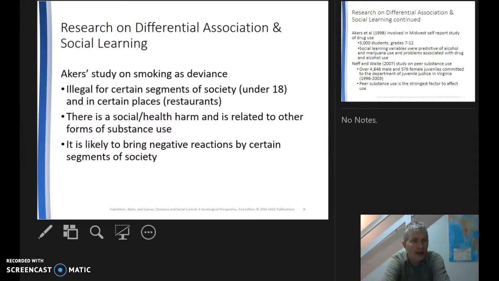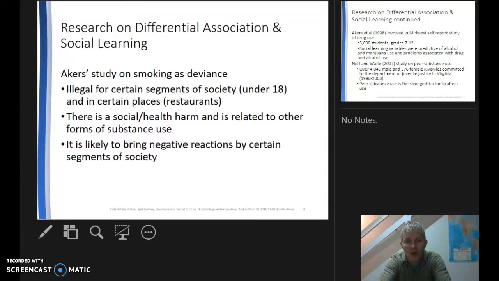So for Akers, there's a social health harm that is related to other forms of substance abuse as well as smoking cigarettes. And if we understand why individuals smoke cigarettes, well, we can also understand why they engage in other types of behaviors.